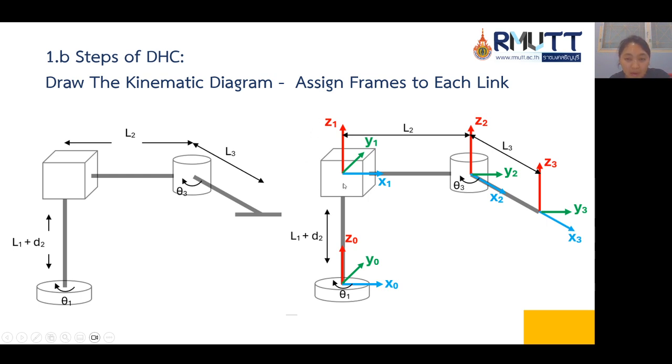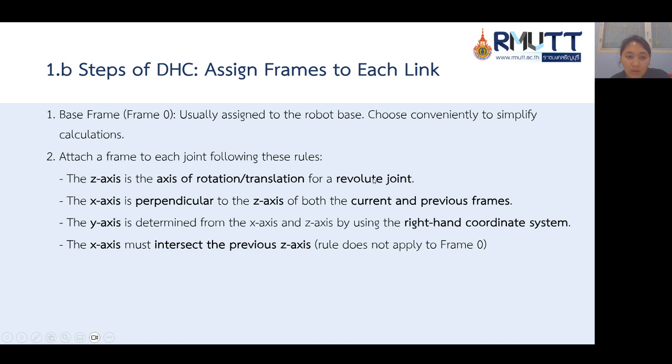We can determine all the frames for all joints by using the rules from the previous slide for determining the z-axis, x-axis, and y-axis.